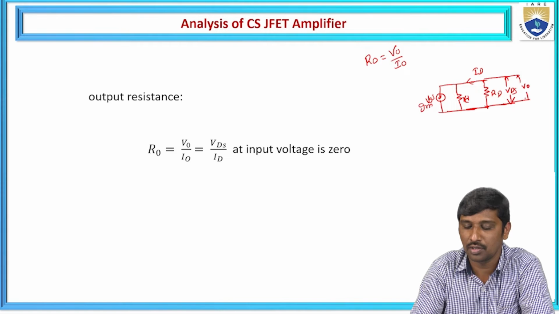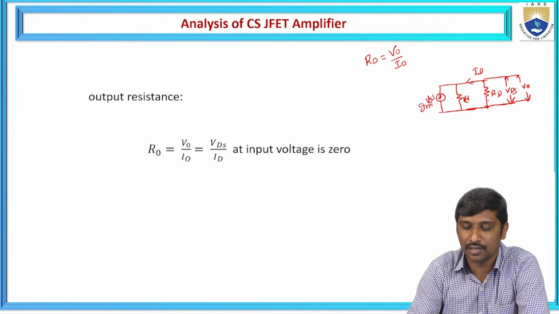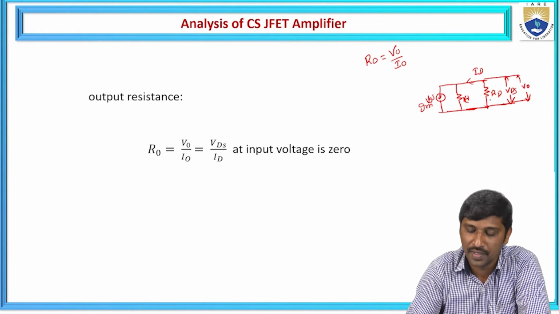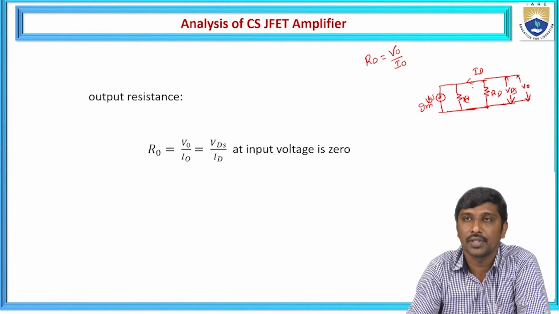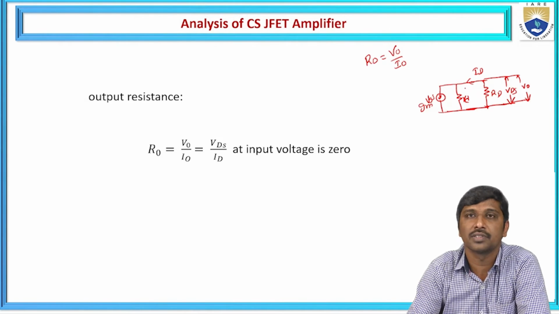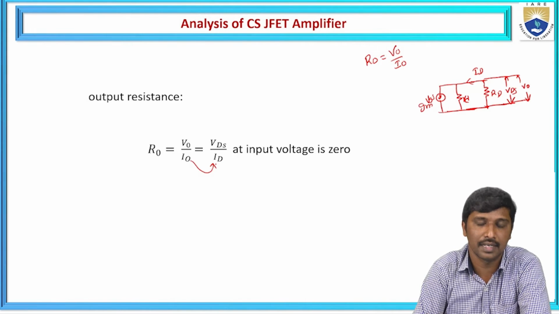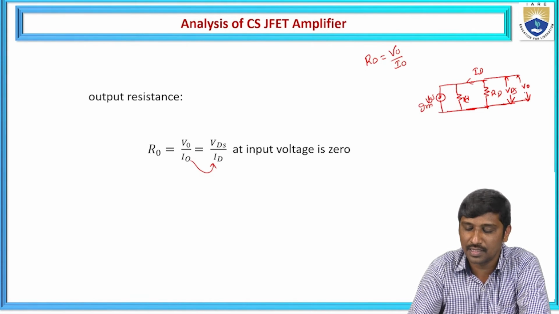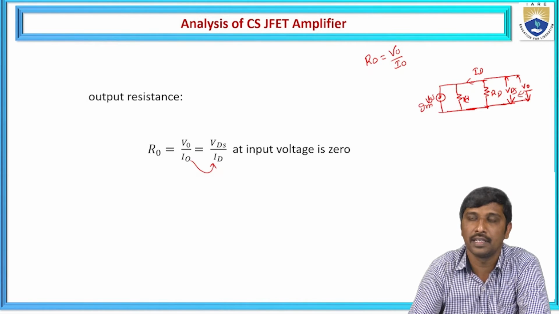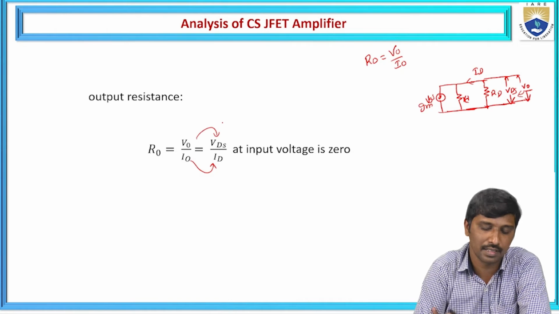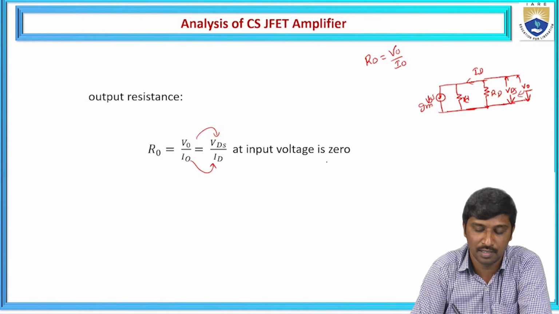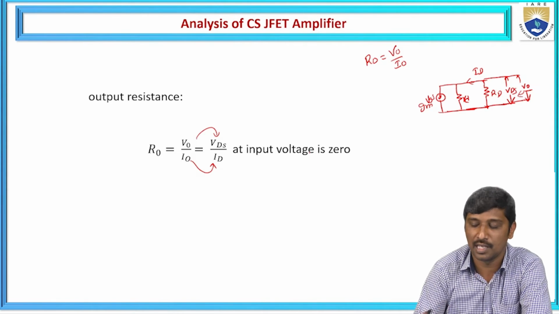Now we are going to find the output voltage across the load resistance. From this common source configuration, we consider the output terminal across the drain side, hence the I naught is replaced with drain current ID, and V naught is directly proportional to this VDS, hence V naught is represented as VDS when the input voltage is 0.